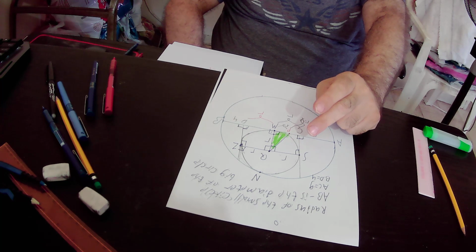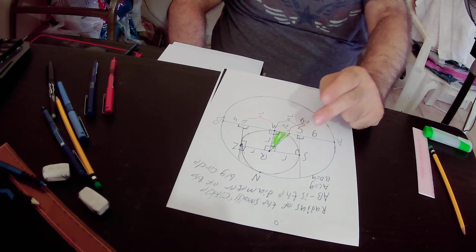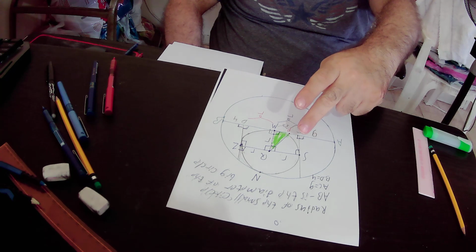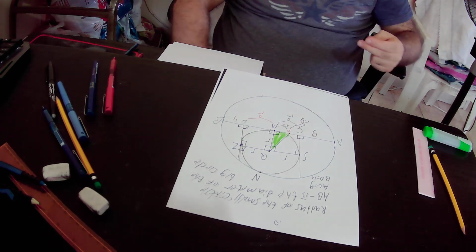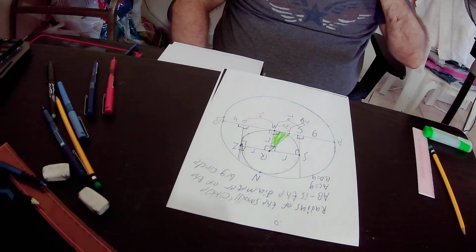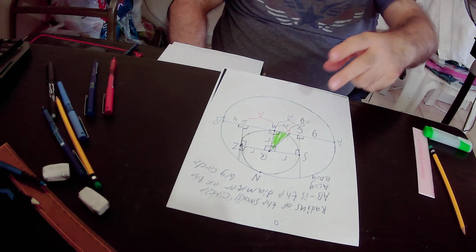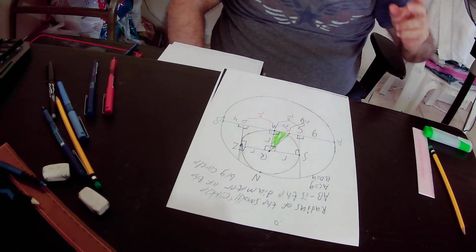So we proved that we have here a quadrilateral with 4 right angles, and according to rule number 3, it is a rectangle.